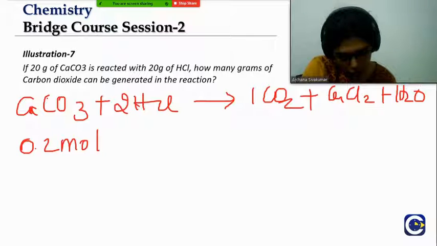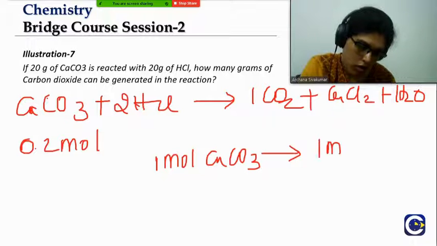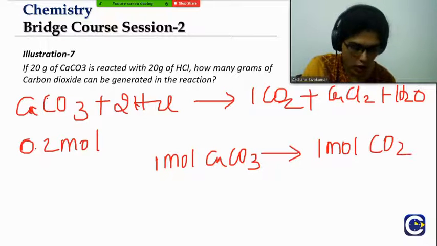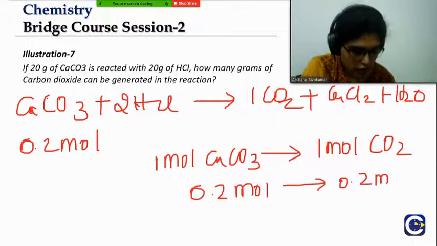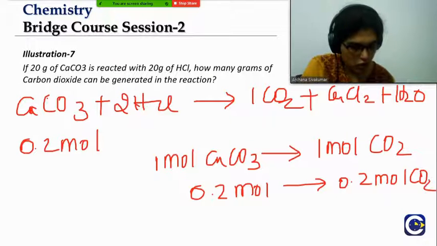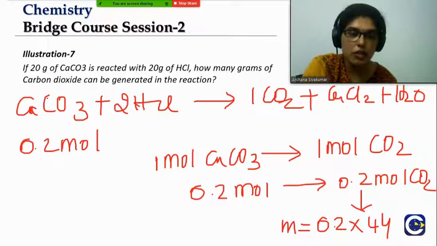Now, 1 mole of calcium carbonate is giving 1 mole of carbon dioxide according to the reaction. So 0.2 mole will automatically give 0.2 mole of carbon dioxide. If I have to convert into mass, it is 0.2 times 44, so you will get 8.8 grams, not 0.88.